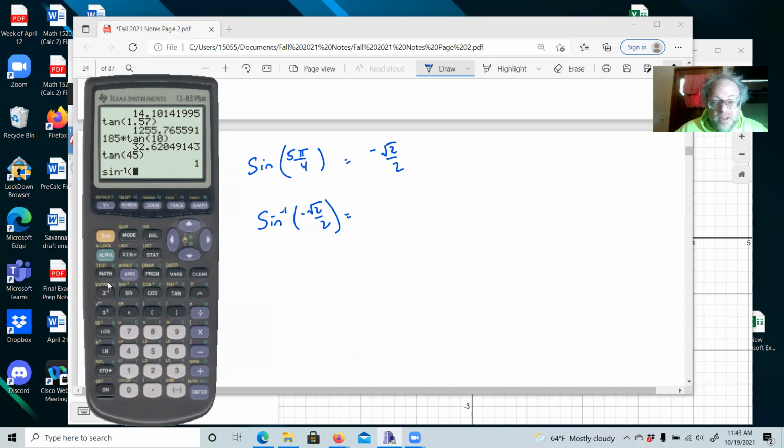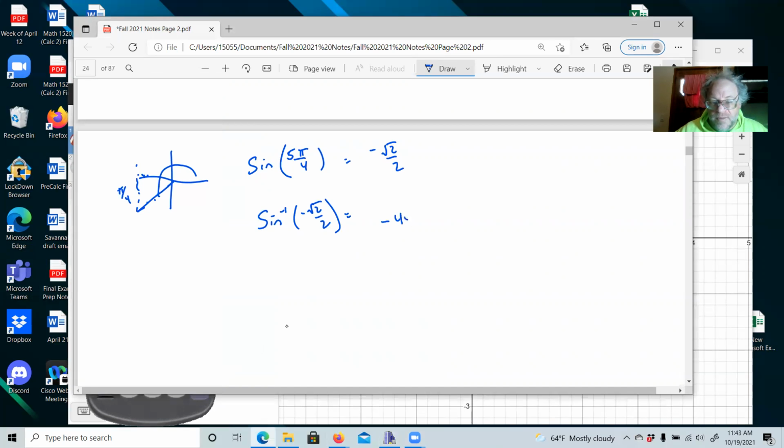The button for 1 over the sine is the one that says reciprocal. You don't have a cosecant button. You have to figure out what 1 over sine is. So I'm just going to type in negative square root of 2, parentheses, over 2, and parentheses. And it gave us negative 45 degrees.